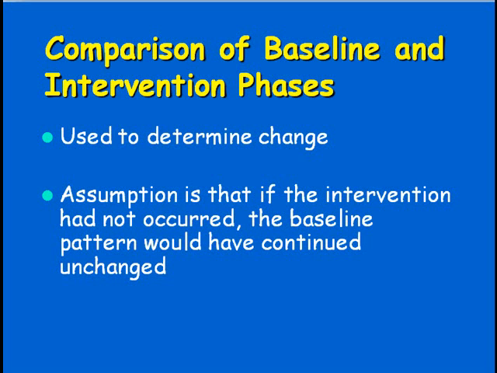And the assumption is that when you're doing your analysis of data, the assumption always is, if the intervention had not occurred, the baseline pattern would have continued unchanged. And this is a very important point when we talk about data intervention. I'll underline it even more, but I want to start talking about it now.